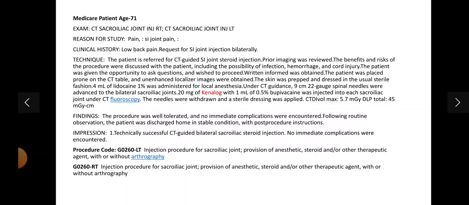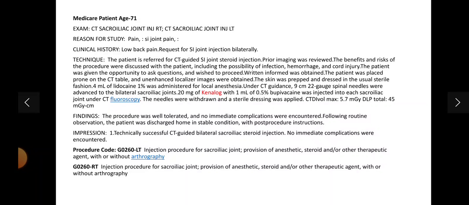Here there is no need for an SNI code because it's a steroid injection code. If an arthrogram was done and there was some supporting SNI documentation, then we would have coded it. But here they have included all the things, so there is no need to code any extra code with G0260. We have given LT and RT because both were done on the same side.